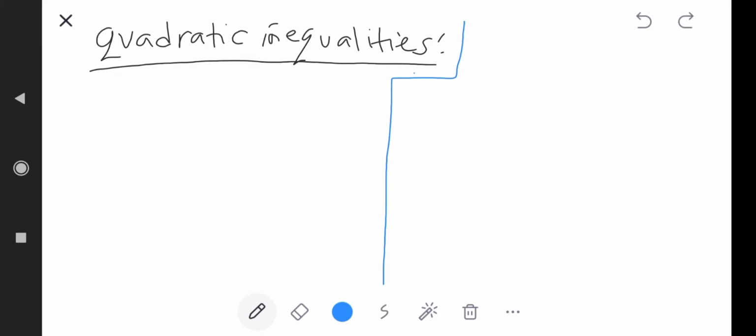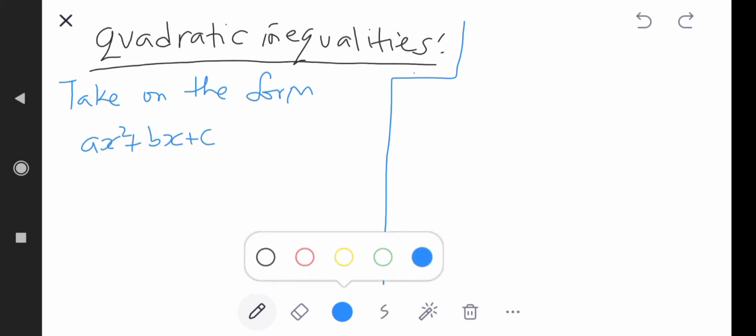Very good. Now I am going to the quadratic inequalities, and these ones take on the form maybe ax squared plus bx plus c.